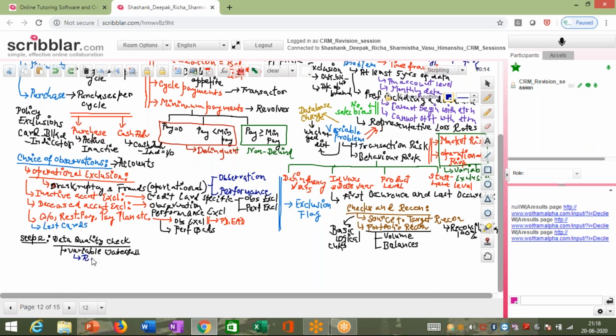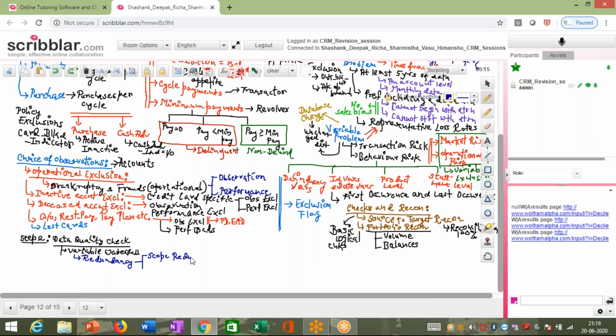Now, a variable can be redundant in two possible ways. One is scope redundancy, where variables which do not reflect the borrower's risk, the transaction behavior risk or transaction risk are removed. Those are examples of scope redundancy, which is already done at the time of the data extraction exercise, right?